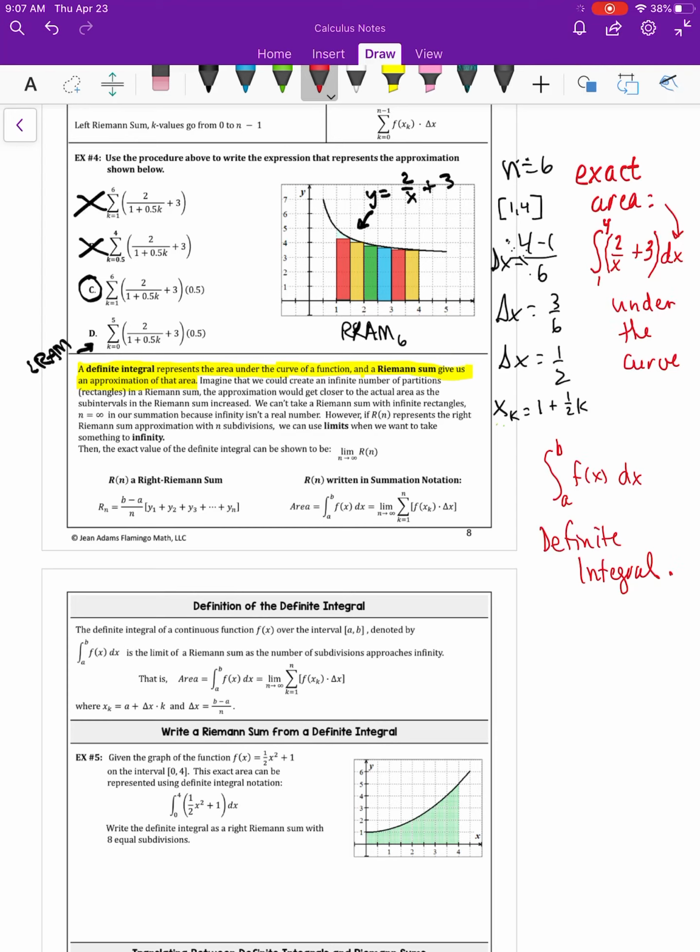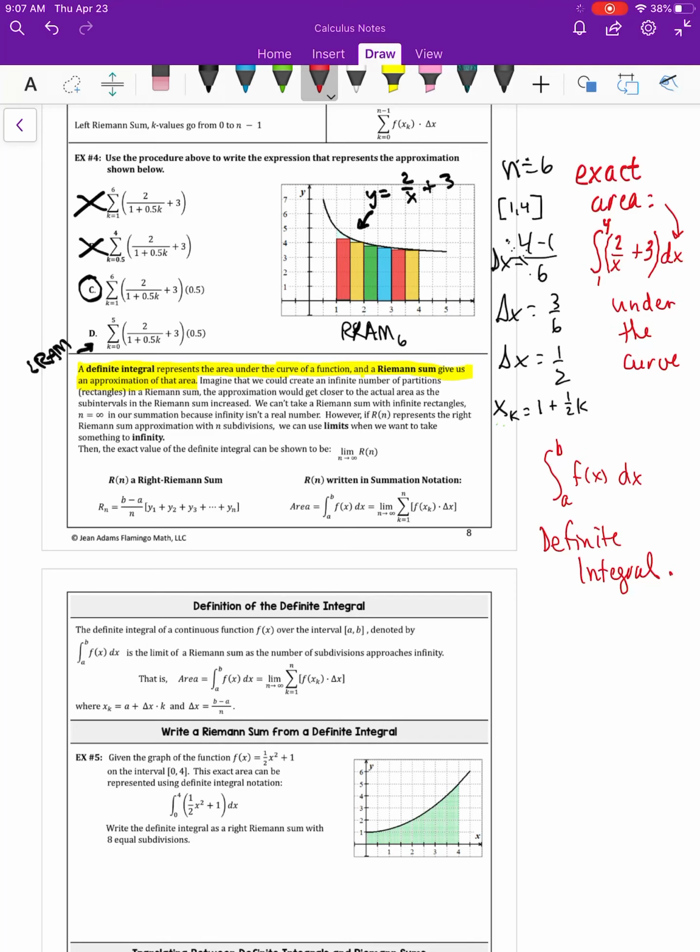So imagine that we could create an infinite number of partitions, rectangles, in a Riemann sum. The approximation would get closer to the actual area as the subintervals in the Riemann sum increased. We can't take a Riemann sum with infinite rectangles, n equals infinity, in our summation because infinity isn't a real number.